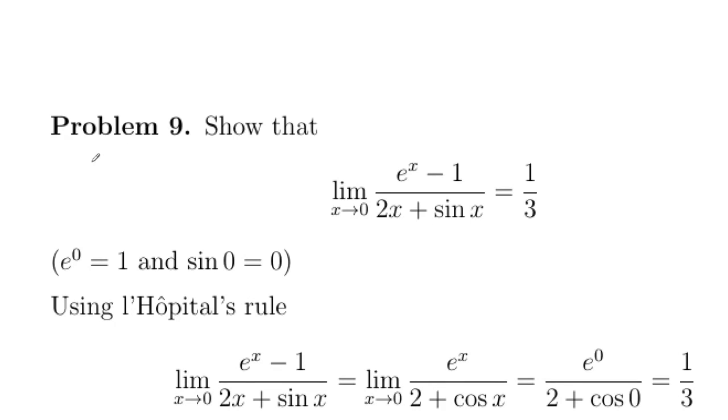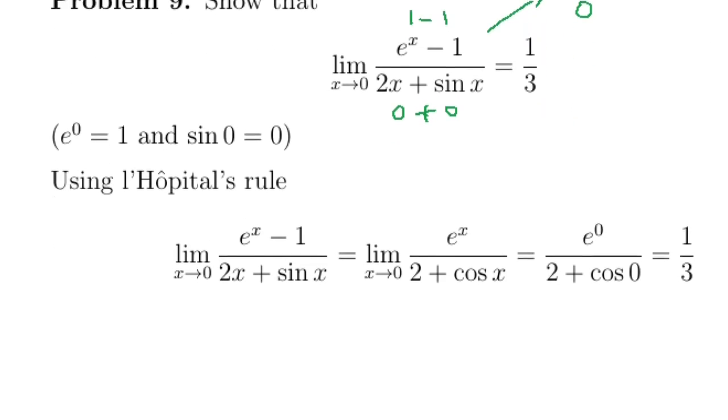We want to see if we can use L'Hopital's rule. As x goes to 0, e to the 0 goes to 1, and sine 0 goes to 0. So we get 1 minus 1, and 0 plus 0. We get a 0 over 0 expression. So we can use L'Hopital's rule.